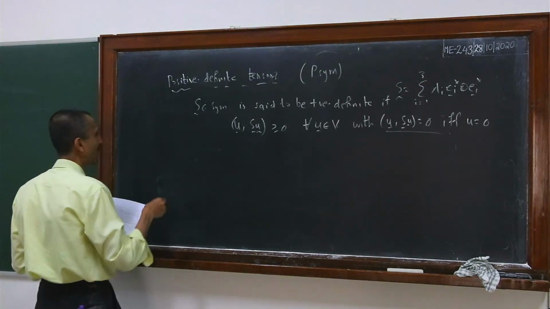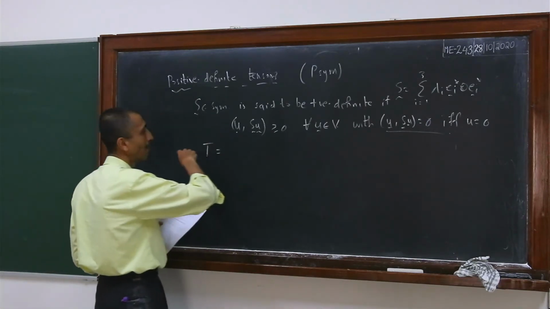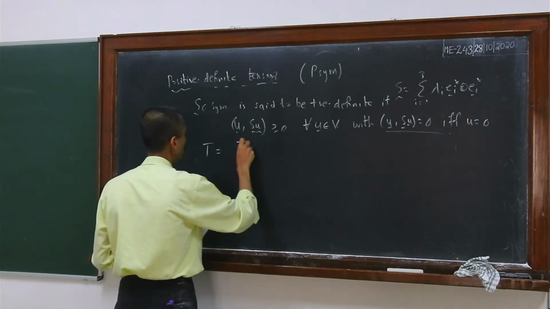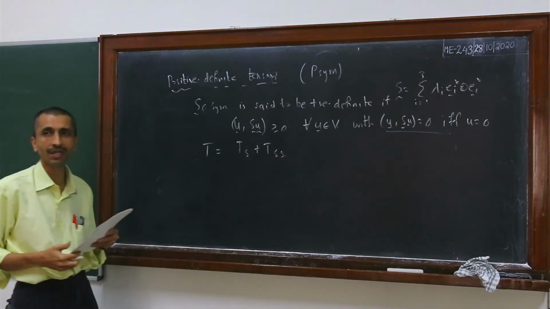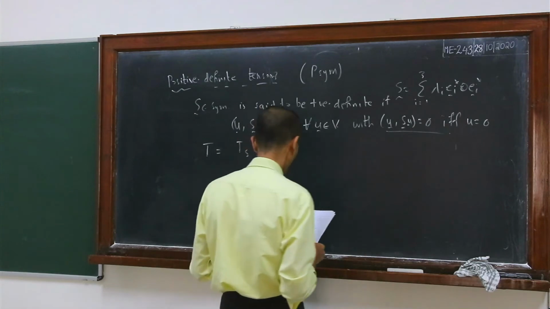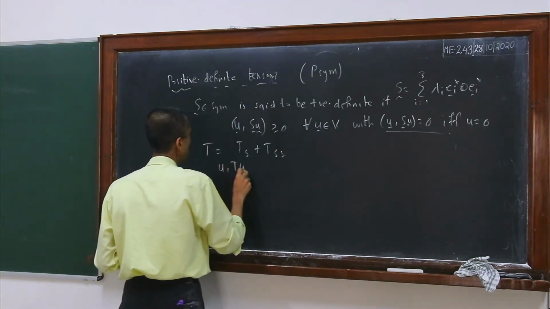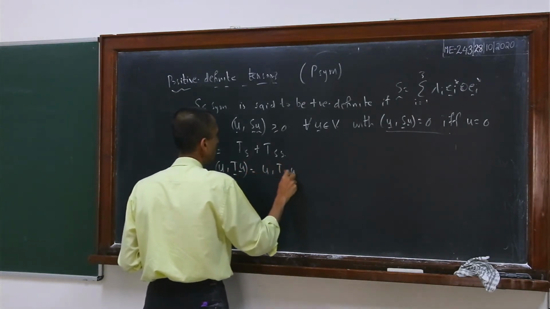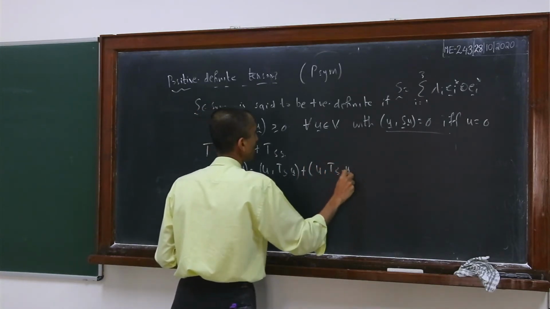So let us take the positive definiteness of an arbitrary tensor T. Suppose I write T is equal to Ts plus T skew symmetric. We have seen that any tensor T can be decomposed uniquely into a symmetric part and an anti-symmetric part. So u comma Tu I can write as u comma Ts u plus u comma T skew u.